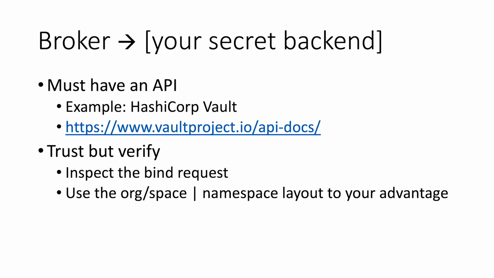You can query Cloud Foundry APIs, and you can get back the org and the space, or in an instance of Kube, you can get the namespace that the bind comes from. So our goal here was to take as little information from the application as possible and inspect the surroundings, the org and the space or the namespace, to determine how we want to get secrets for this application.